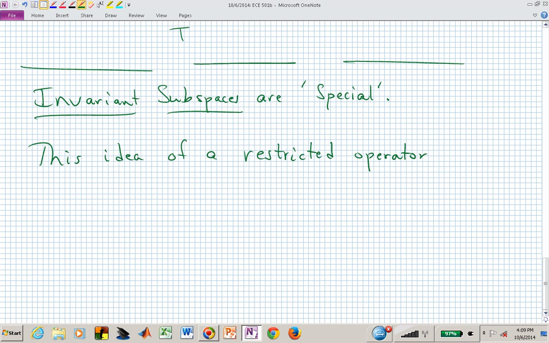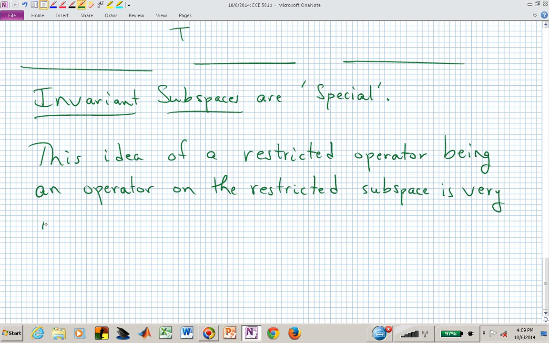This idea of a restricted operator being an operator on the restricted subspace is actually very important.